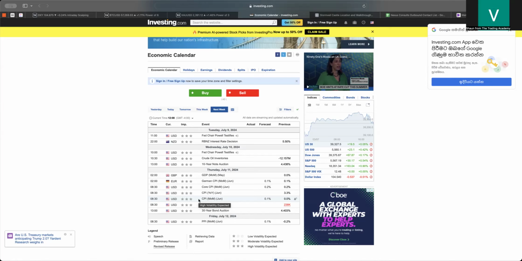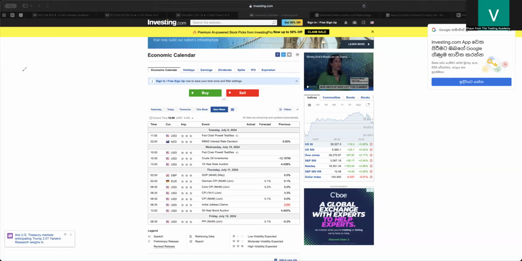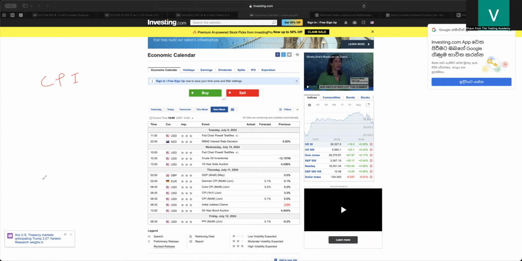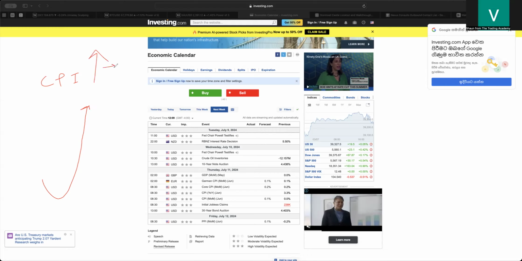Because what if you get a CPI reading that says better than expected, and then the dollar starts to go up? Initial reaction. And then suddenly it automatically updates and says, uh-oh, the better than expected has been revised to worse than expected. And then the dollar starts crashing to the floor.